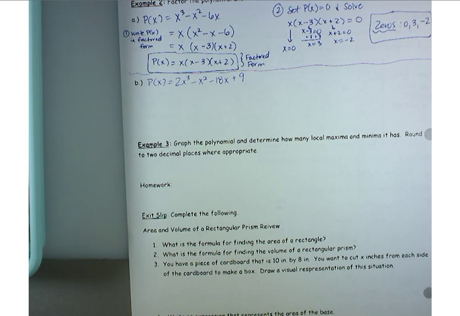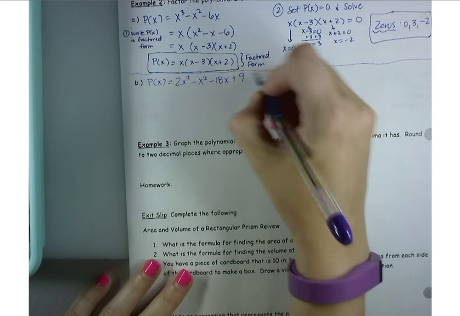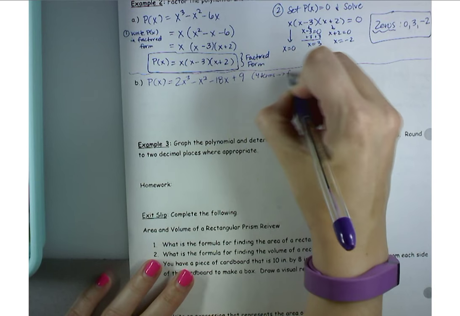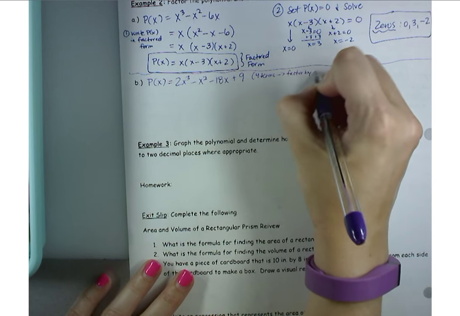Second step, is this a special pattern? Yeah, it kind of is, right? What is special about this? It's 4 terms, so you have to factor by grouping. So 4 terms means we're going to factor by grouping.